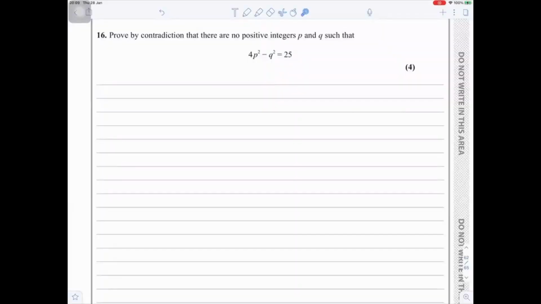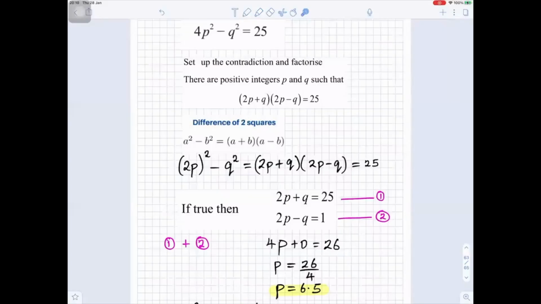Question 16. Prove by contradiction that there are no positive integers p and q such that 4p squared minus q squared equals 25. So we want to set up the contradiction and factorize. Suppose there are positive integers p and q such that (2p plus q)(2p minus q) is equal to 25. And we are using the difference of two squares formula there.